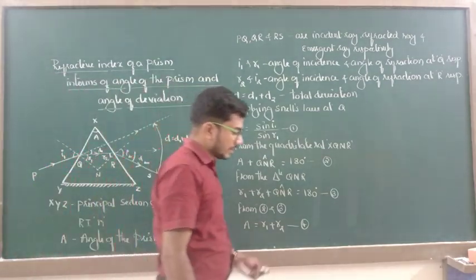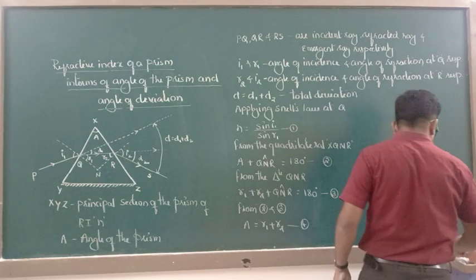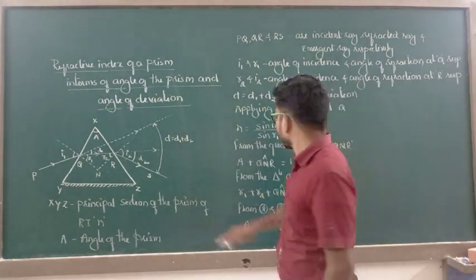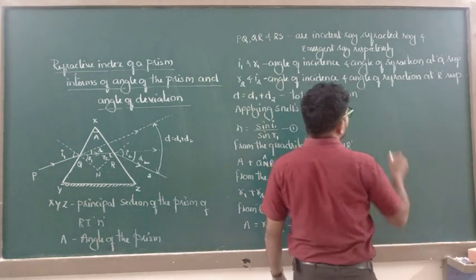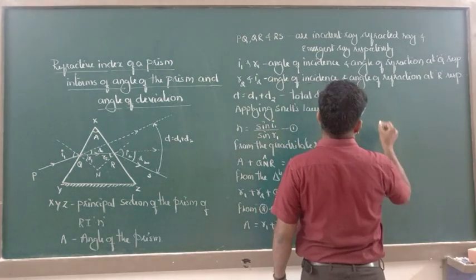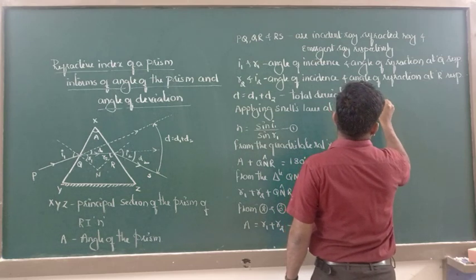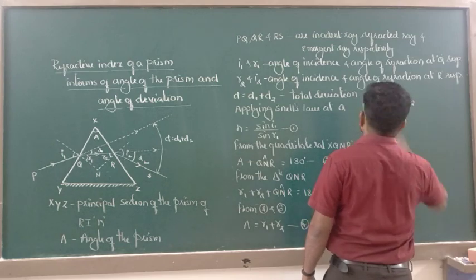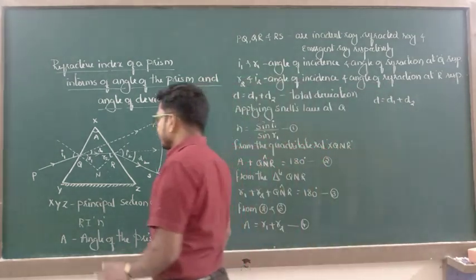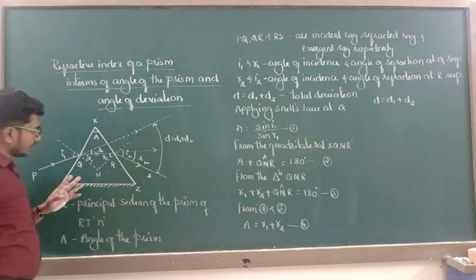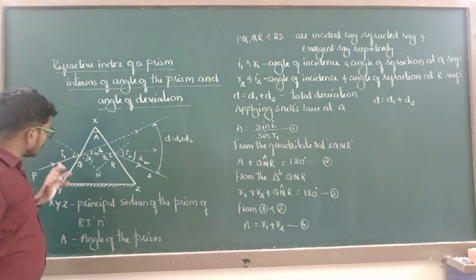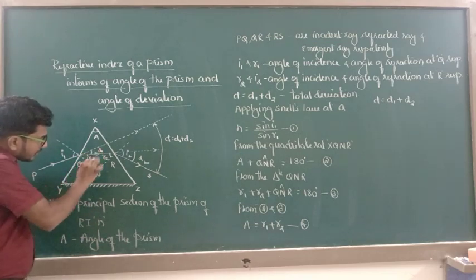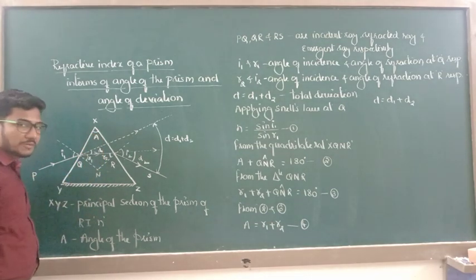Then we know that the total deviation in case of this prism is D is equal to D1 plus D2. Now let us observe this diagram. This angle is I1, this angle is R1, this angle is D1.